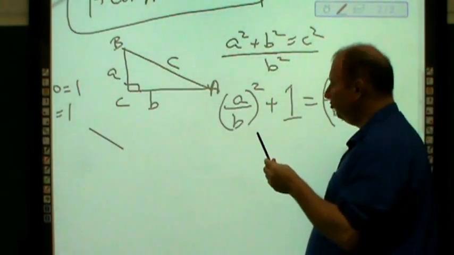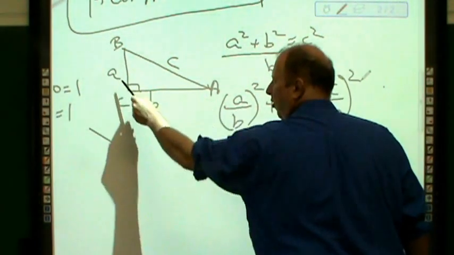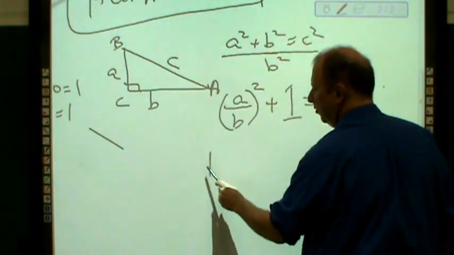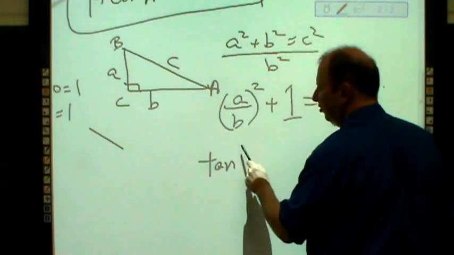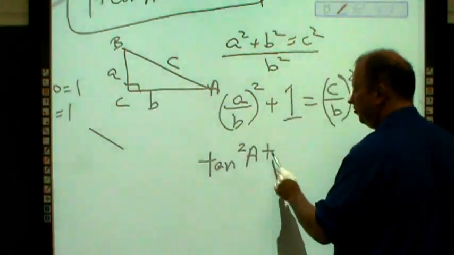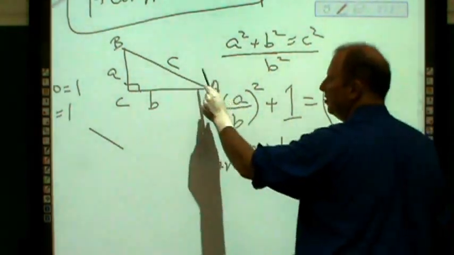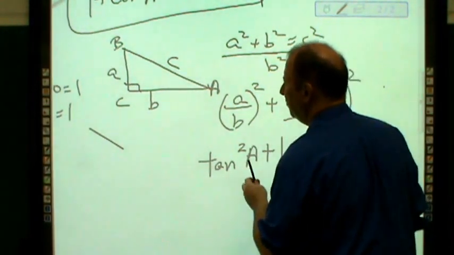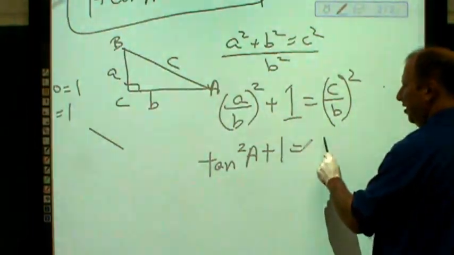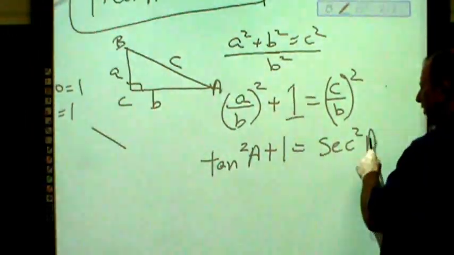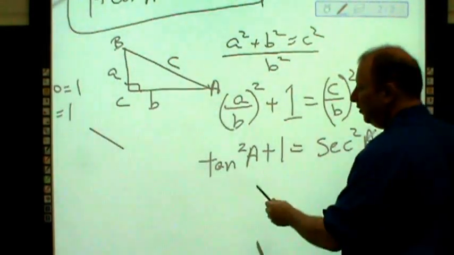Now let's look at the relationship here. A over b, opposite over adjacent, we know is tangent of angle A, so tangent squared of A plus 1 is equal to (c over b) squared, which happens to be secant squared of A. And now we're finished.